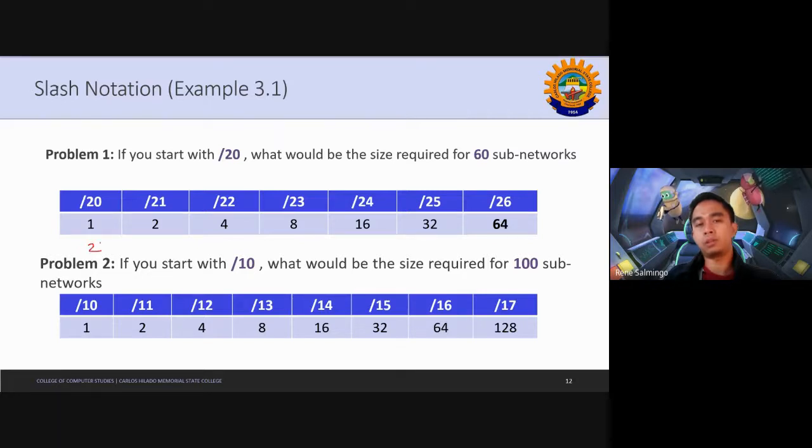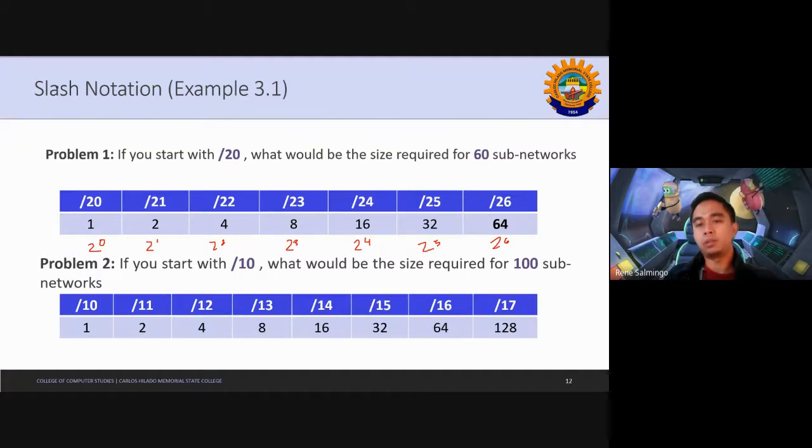This is 2 raised to the 0. This is 2 raised to the 1. This is 2 raised to the 2. And this is 2 raised to the 3. And this is 2 raised to the 4. And 2 raised to the 5. And this is 2 raised to the 6. And we need 60.